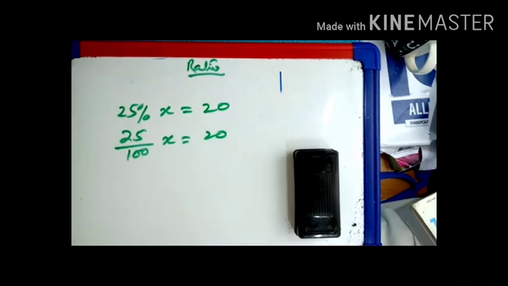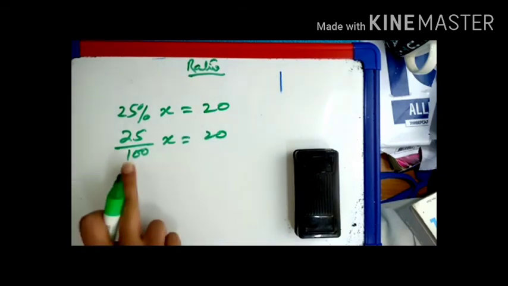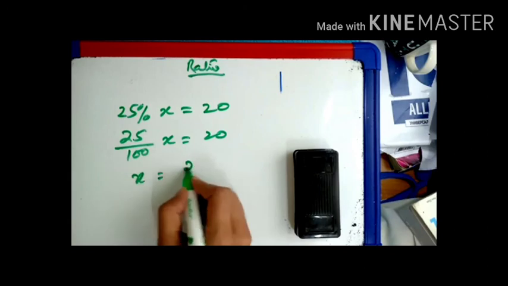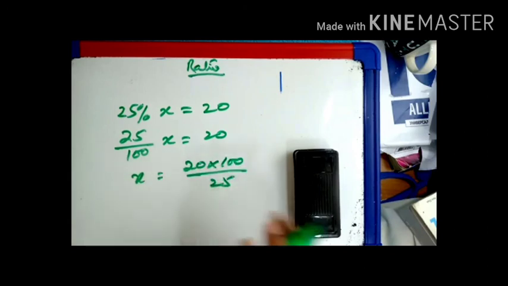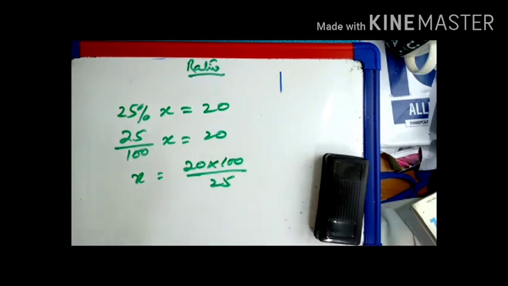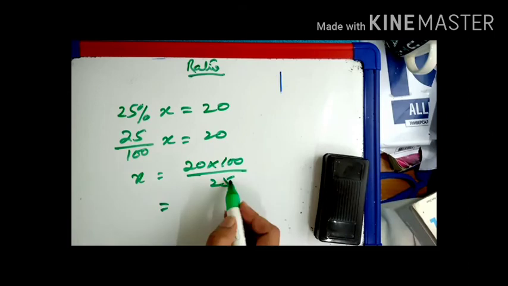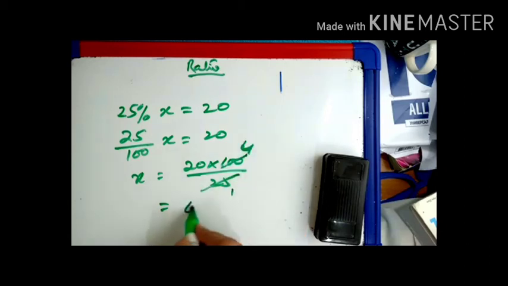Next step, I told you, 20 times 100 over 25. Can you cancel this with this? 25 fours are 100. 20 divided by 5 is 4, and 4 times 20... so the answer is 80.